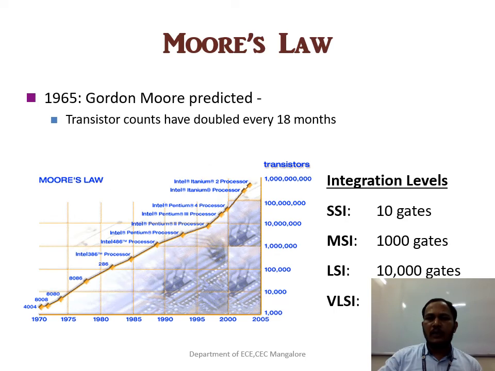Gordon Moore predicted in 1965 that every 1.5 years, or 18 months, the transistor count doubles in a square centimeter.